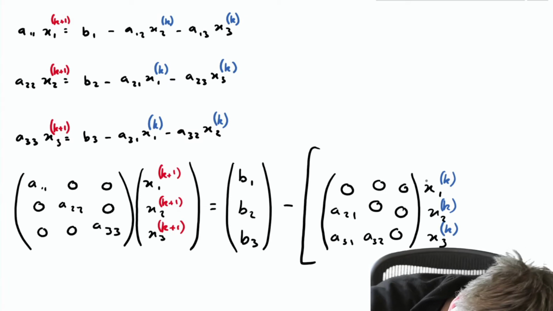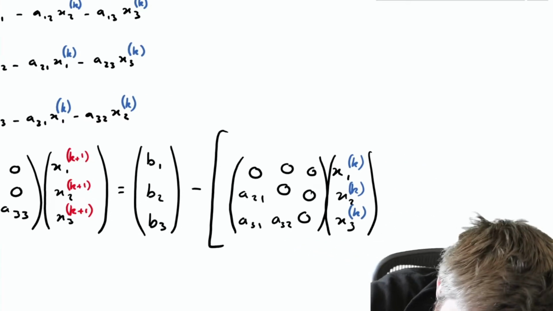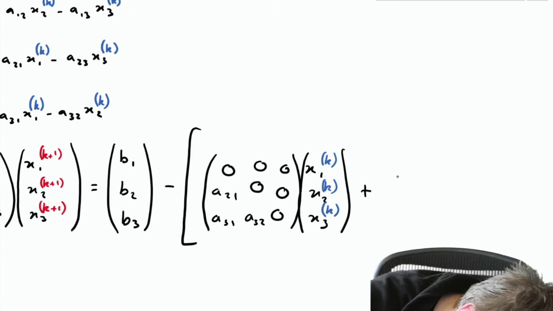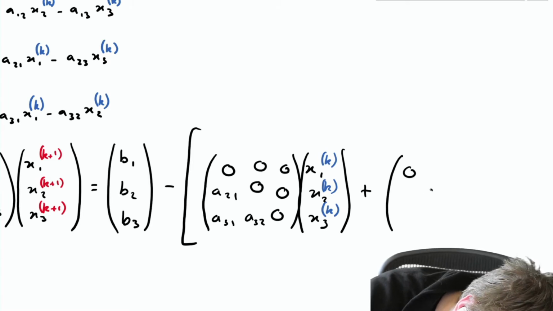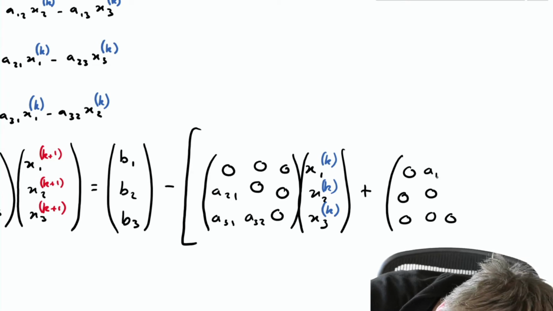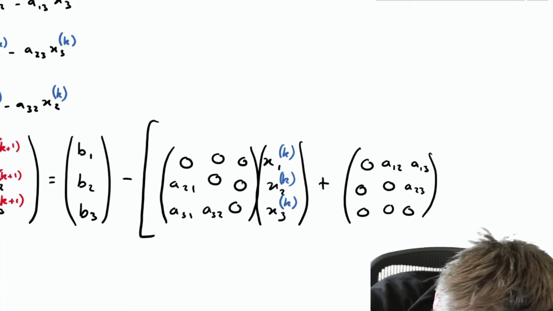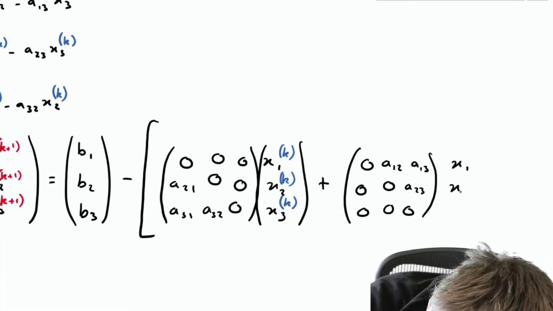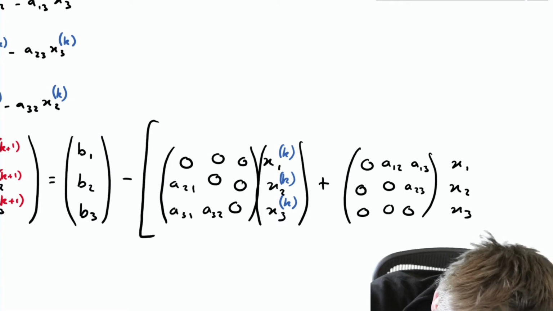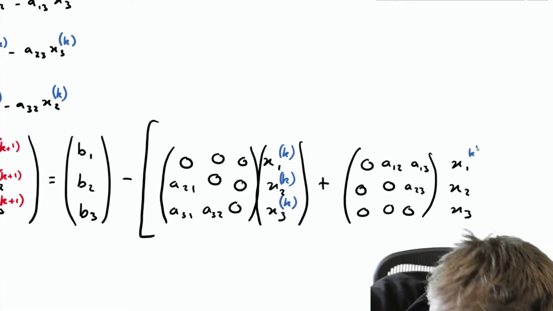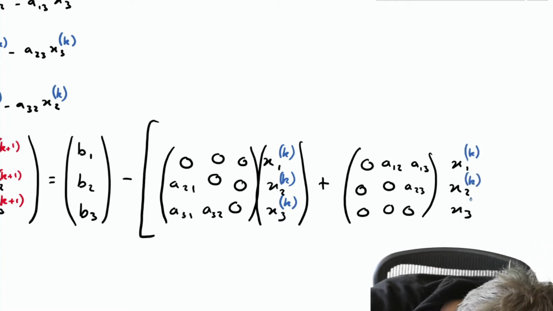added to my strictly upper triangular matrix. In other words, just zeros along the diagonal, zeros in the lower part, and just A12, A13, and A23 in this matrix, times my vector of x values at the kth step.